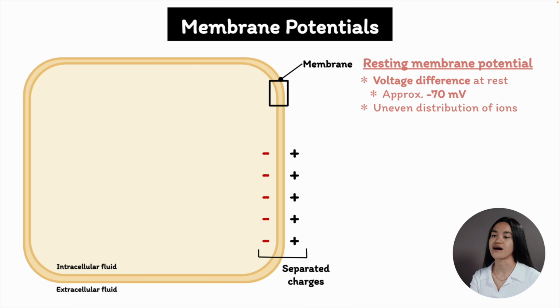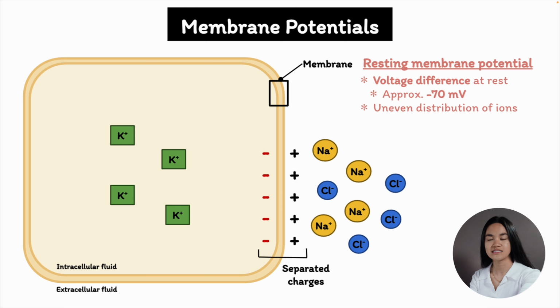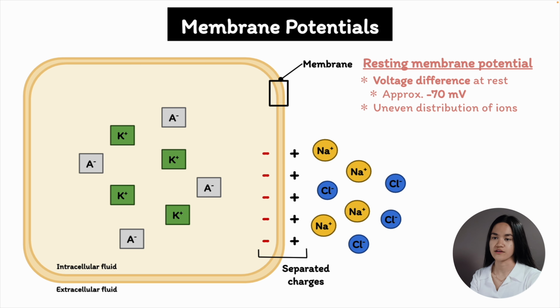At rest, there is a higher concentration of sodium and chloride on the outside, and a higher concentration of potassium and negatively charged anions, represented here by A- on the inside of the cell. These anions can include amino acids, proteins, and other metabolites that have a negative charge, okay?